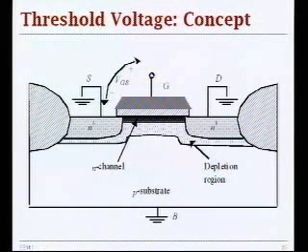Now let's assume that we apply a little bit of positive voltage on your gate. What this does is it basically creates a capacitor between your gate and the channel.